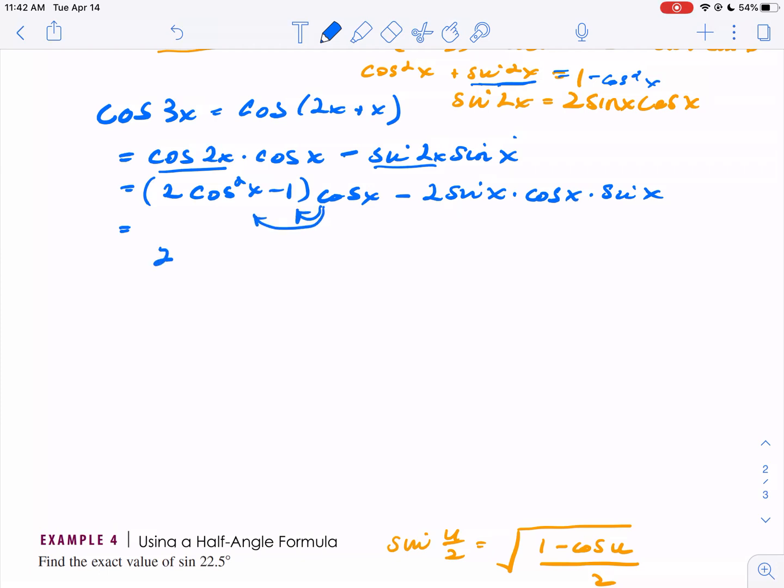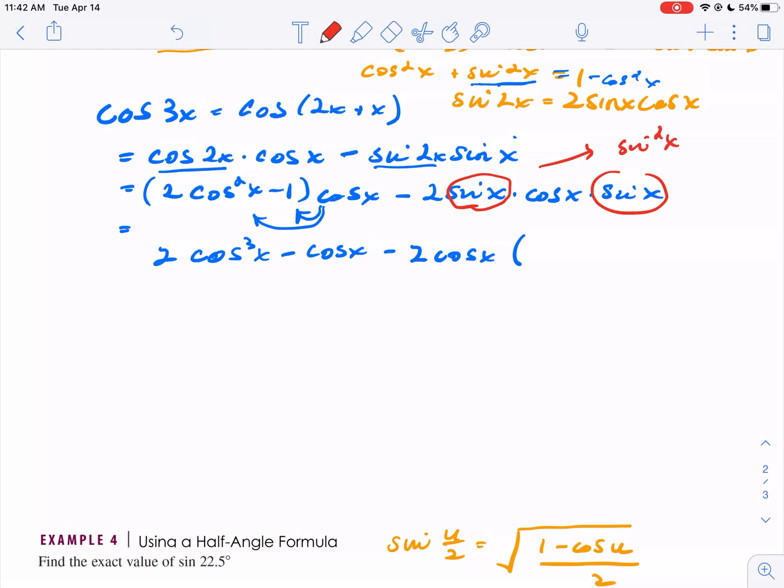While I'm here, I'm going to go ahead and distribute this in. So I get 2 times the cosine cubed of x minus the cosine of x, and then minus 2 times the cosine of x, and now I'm going to replace my sine squared of x. Remember, I'm letting this and this combine to give me sine squared x.